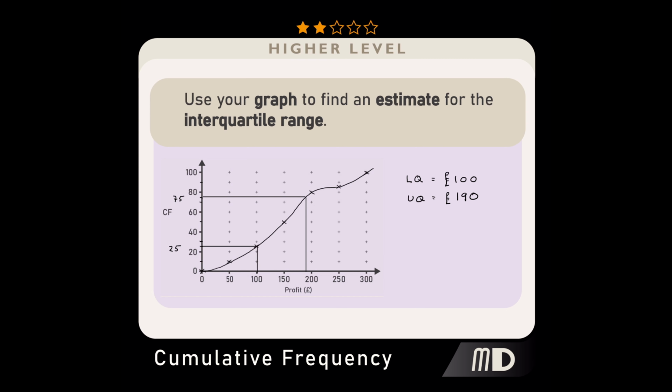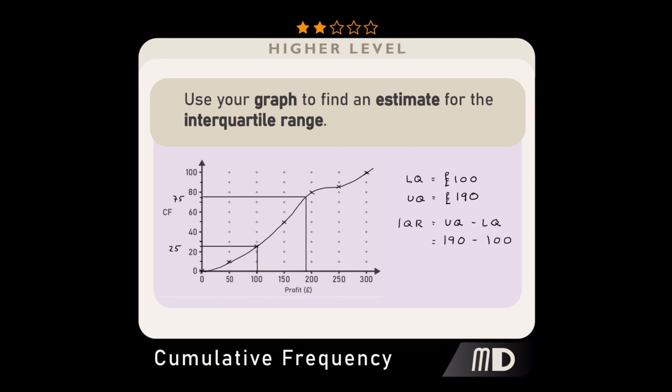The interquartile range is the difference between the upper and lower quartiles. So the interquartile range is equal to 190 minus 100.